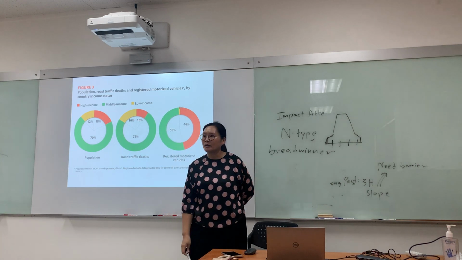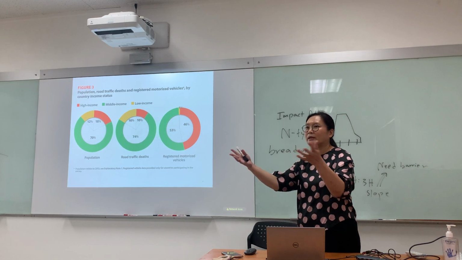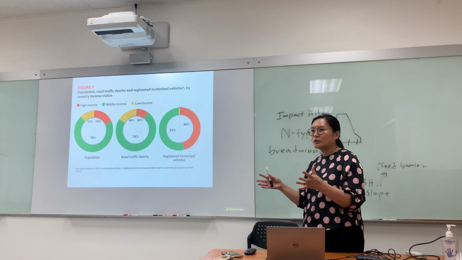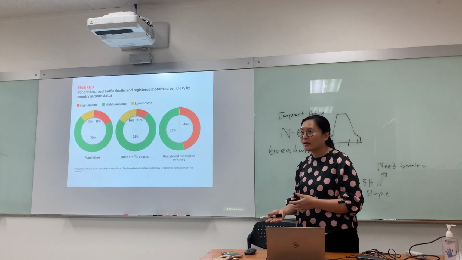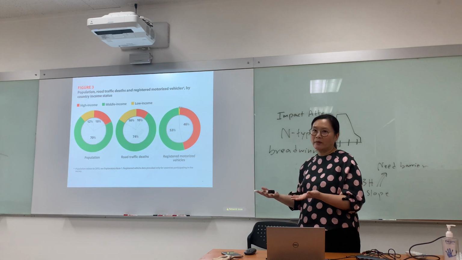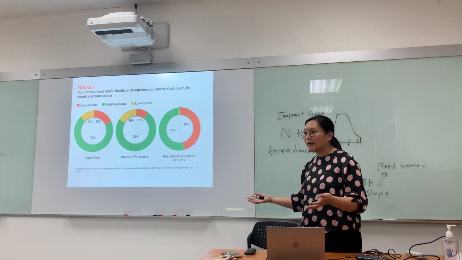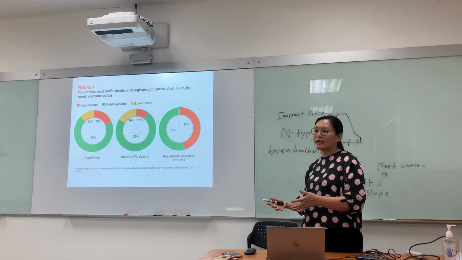Why middle income countries? Because a middle income country like ours is trying to develop and boost economic development. If you try to boost economic development, what's going to happen next? You're going to have a lot of activities in the country.